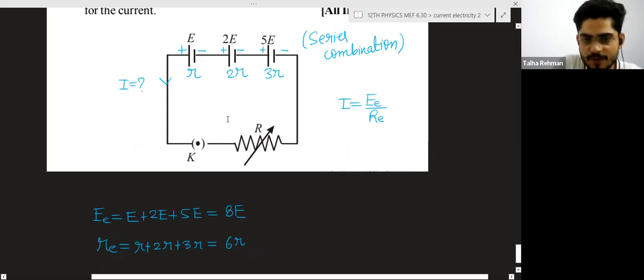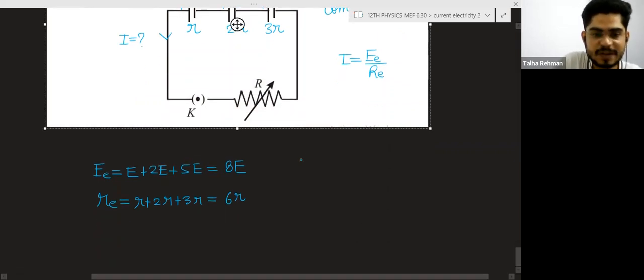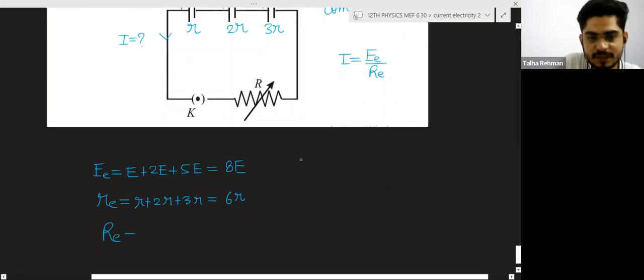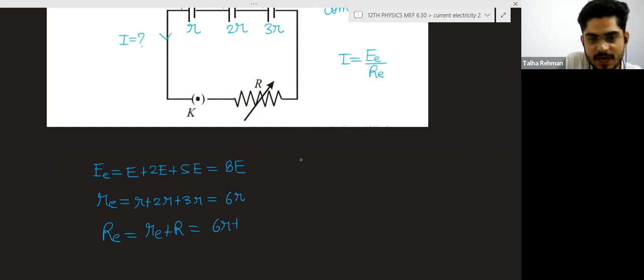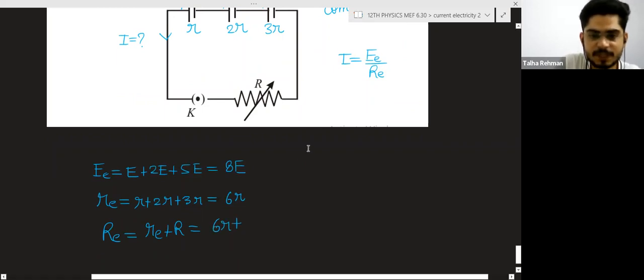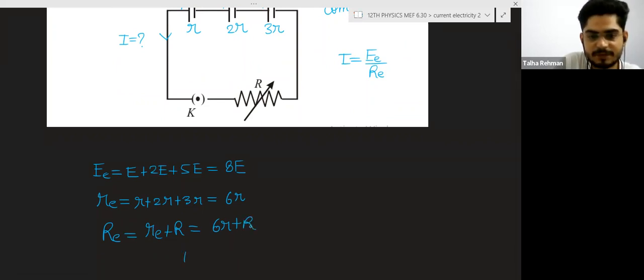And one more resistance we have, this capital R. So when we find the total equivalent resistance, it will be R equivalent plus this capital R, and this will become 6R plus R. I have just put the value of the equivalent internal resistance 6R plus R, and we will get the value of current.